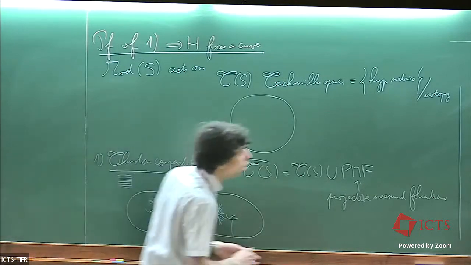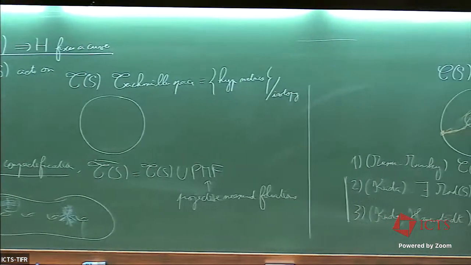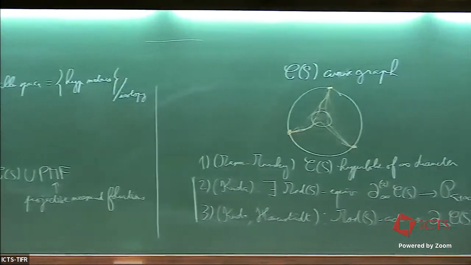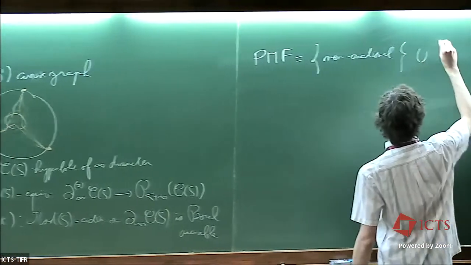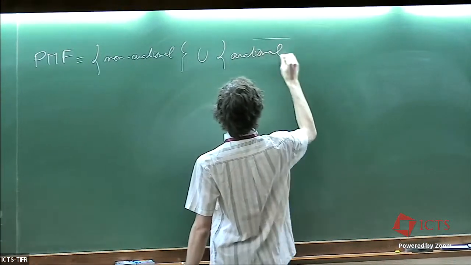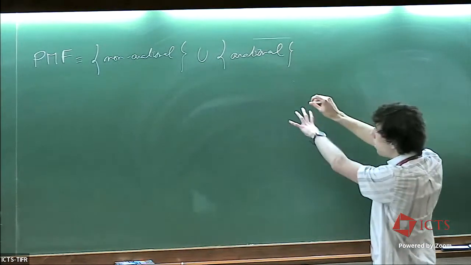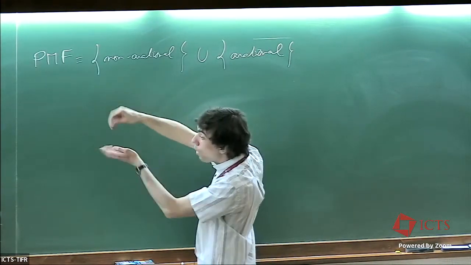So you have the partition of PMF into, so the generic ones are called irrational foliations, those that do not contain any closed leaves. And to every non-irrational foliation, you have some closed leaves.